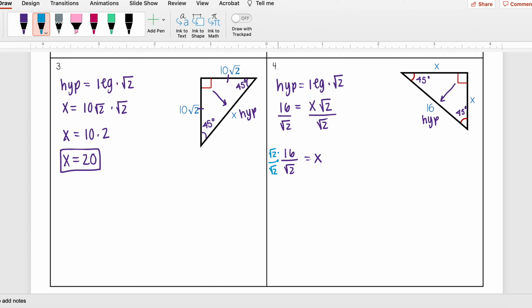And so when I do that, I get 16 square root of 2 on top. Square root of 2 times square root of 2 is just 2, so I have 2 on bottom. And then looking at this, I see it can be simplified even further because 16 divided by 2, I get 8. Square root of 2 is equal to x.